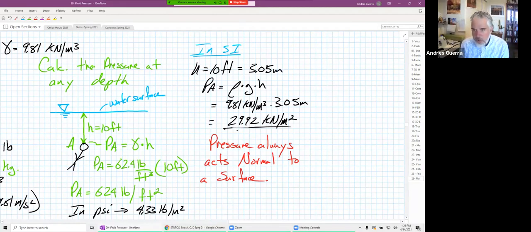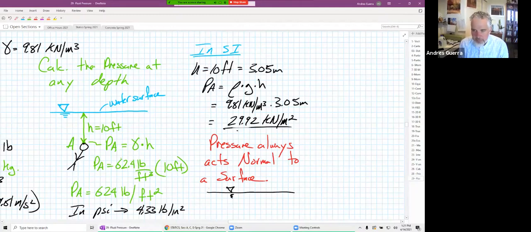Let me draw a little picture here of pressure always acting normal to a surface. If we had our phreatic surface or the water surface here, and you'll see a lot of times a shorthand for this upside down triangle is to just do a squiggly below it like that. So instead of doing the three lines of descending length, you just show a squiggly right there.